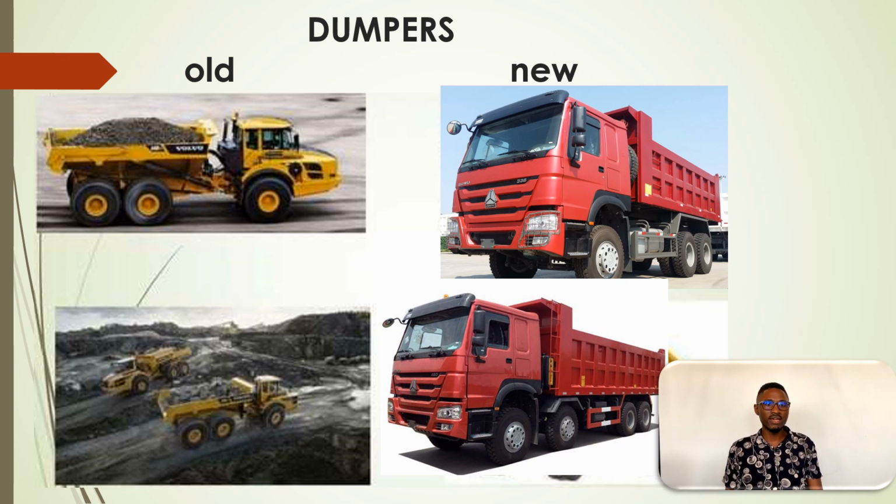We also went ahead and differentiated between the old and the new dumpers. On your left hand, you have the old version of the dumpers, and on the right hand, you'll see the new type of dumpers, commonly known as trucks in our local language, because those are the most common ones known locally.